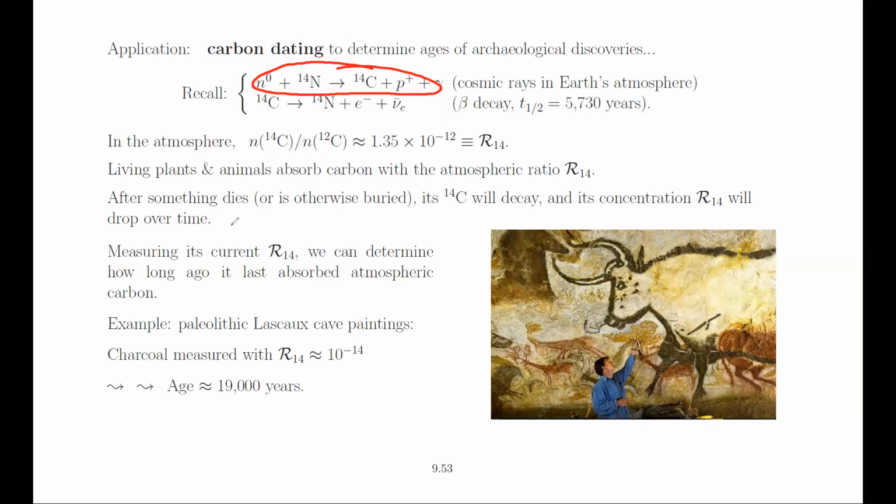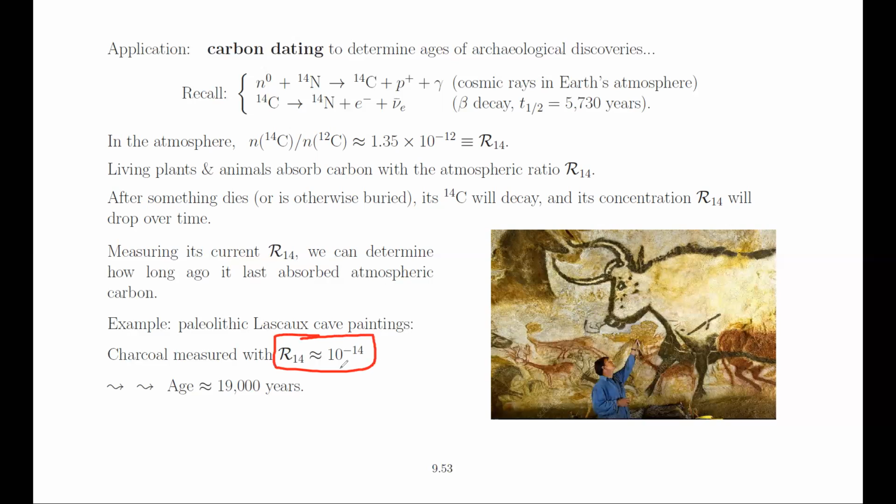So if you dig up something, or say if you go into a cave here, the Lascaux cave paintings in France, you can look at the charcoal that was deposited onto the walls and measure its component of carbon-14. If it was charcoal from torches when these things were first made, this tells you about how long ago, because you're going to measure a lower concentration.